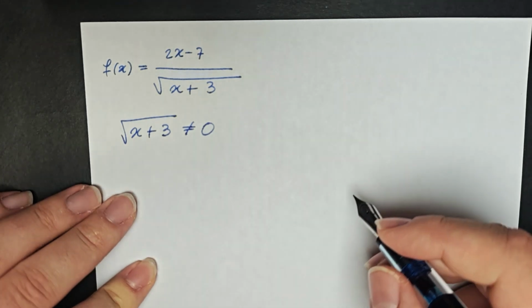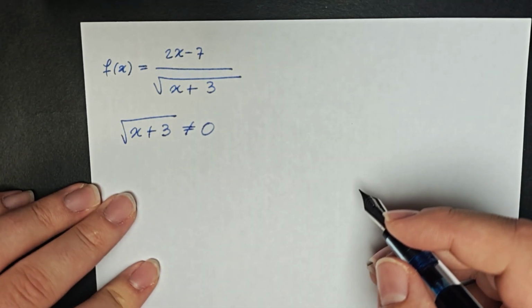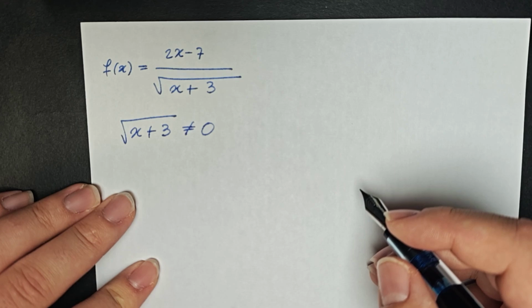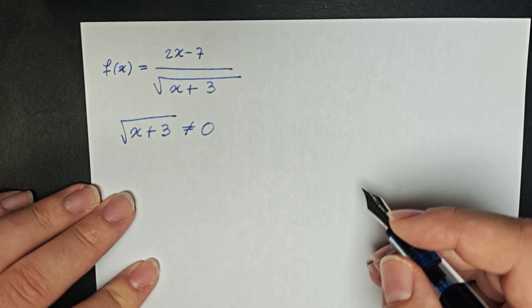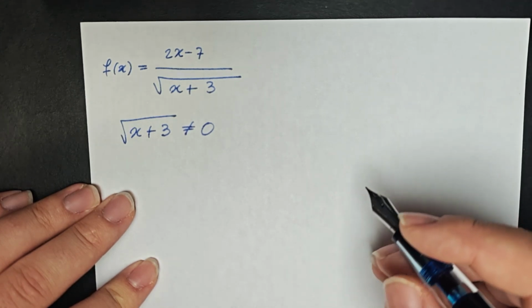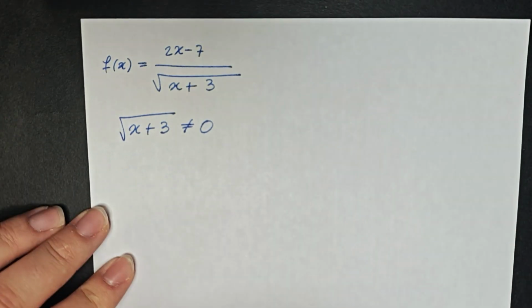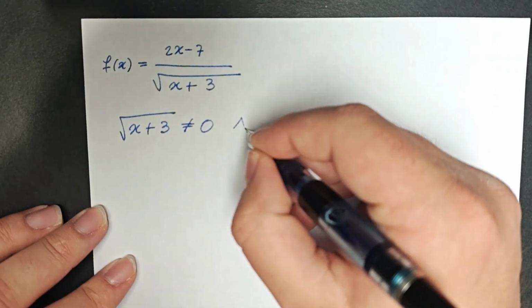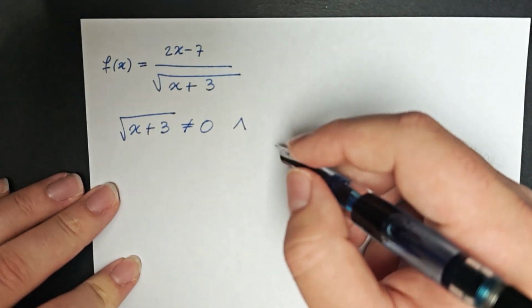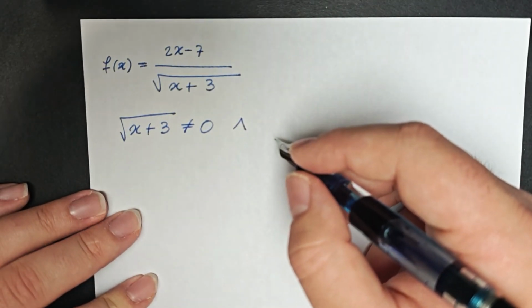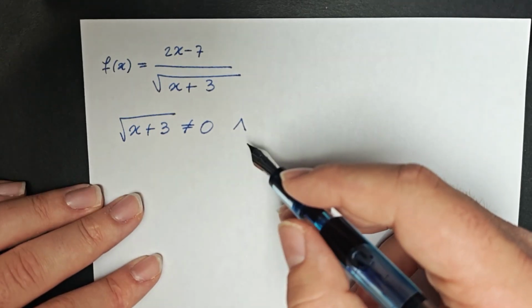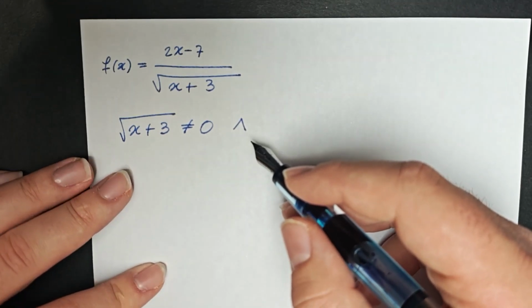What we also have in this function is a square root function, and we know that in order for a square root function to be well-defined, its argument has to be larger or equal to 0. And that is how we get our conditions, which have to be respected in order for a function to be well-defined. So in this case, we have a conjunction of these two conditions.